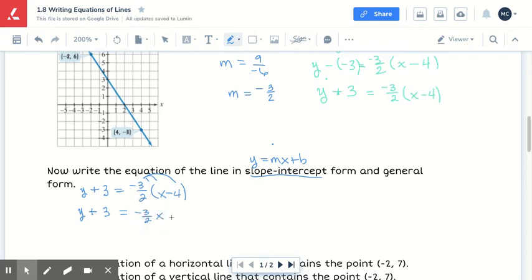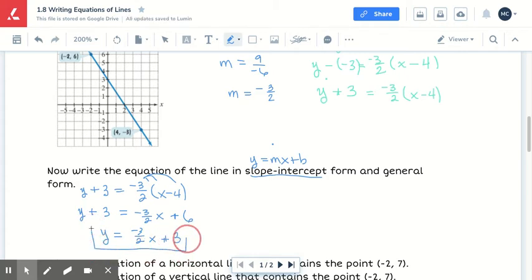Negative 3 halves times a minus 4 would give me plus, and then 3 halves times 4 would be 12 halves, which comes out to 6. Now also in slope-intercept form, the y is supposed to be alone on one side of the equation. So my next step would be to subtract 3 from both sides of this equation. So 6 minus 3 would be 3.